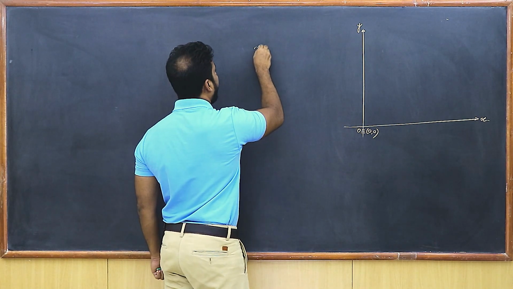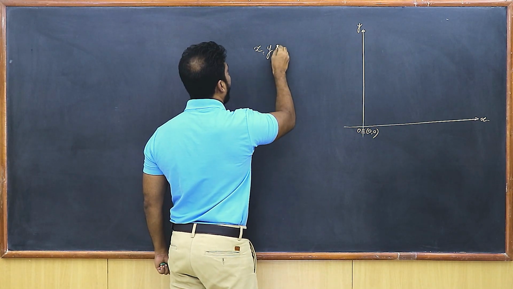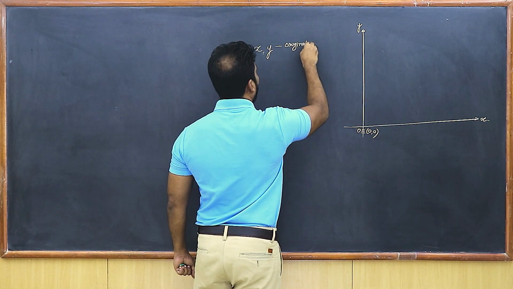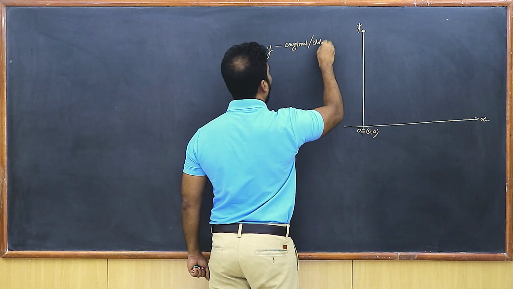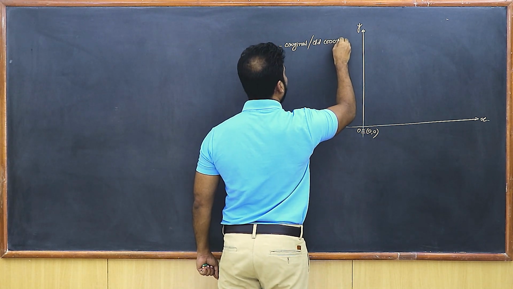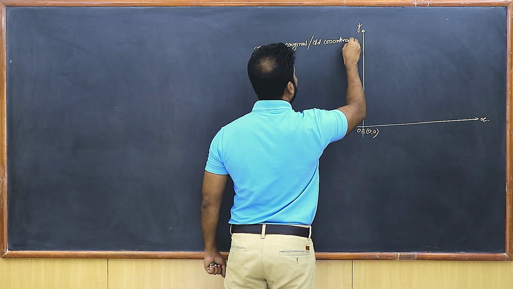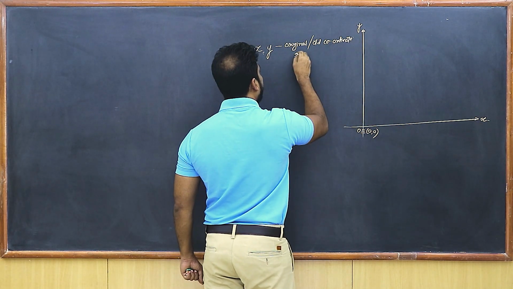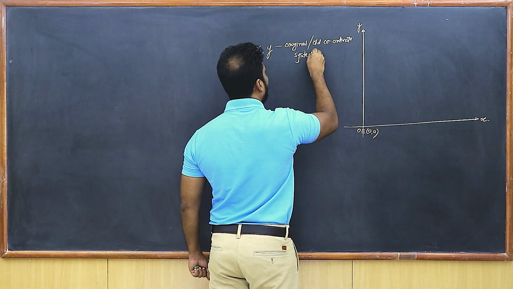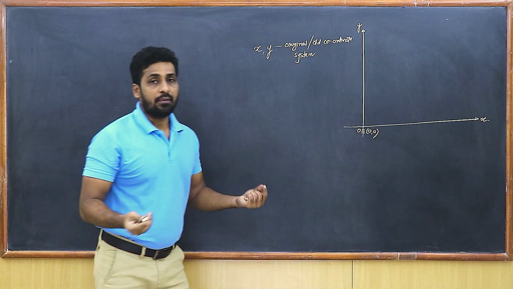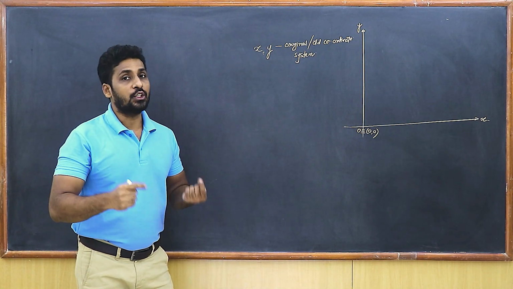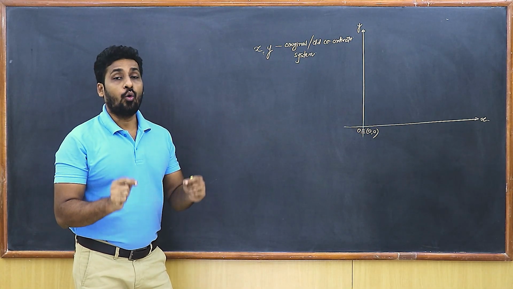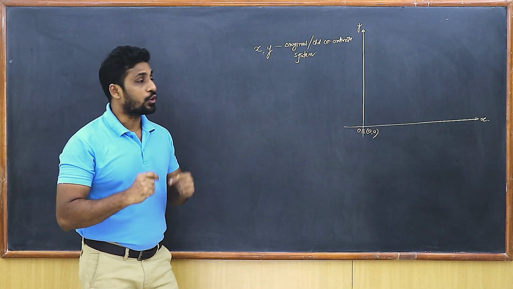So small x and small y, this is the original, or I can say the old, coordinate system. Now, let us take a point P whose coordinates can be taken as small x and small y. So here I am taking small x and small y as the original or the old coordinates of a point.